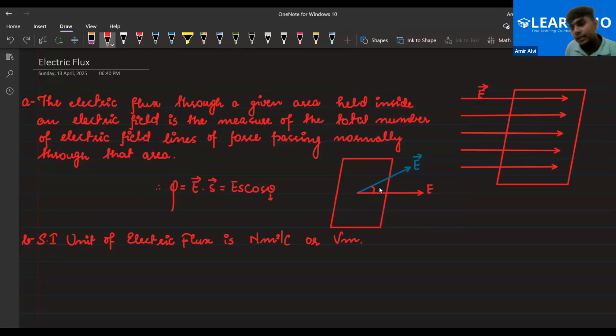So you need the horizontal component along the field. Is that clear? Yes, sir. Please note it down and let me know. Done.